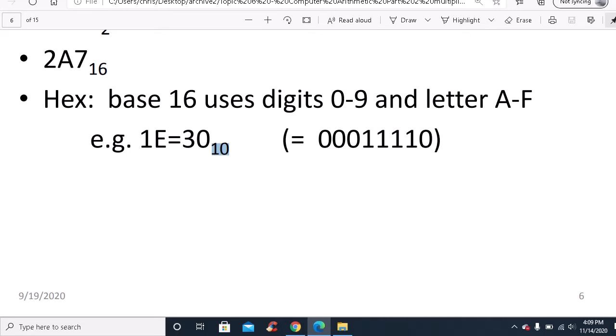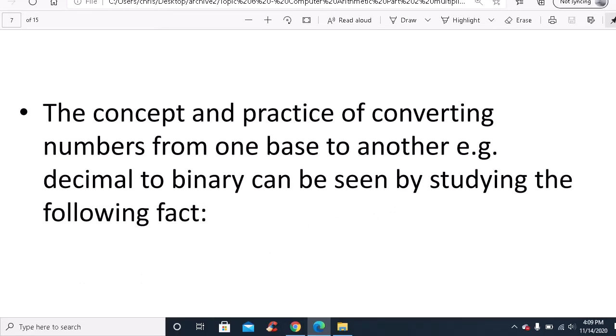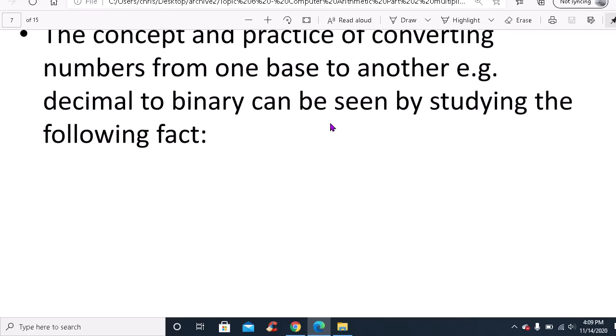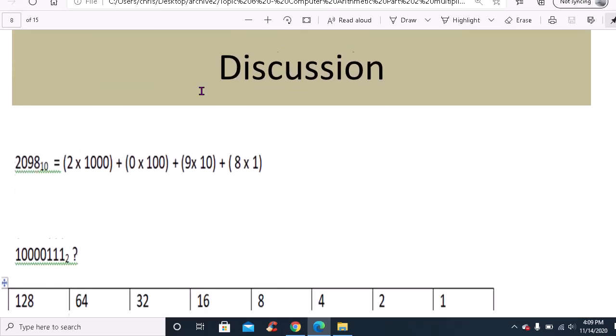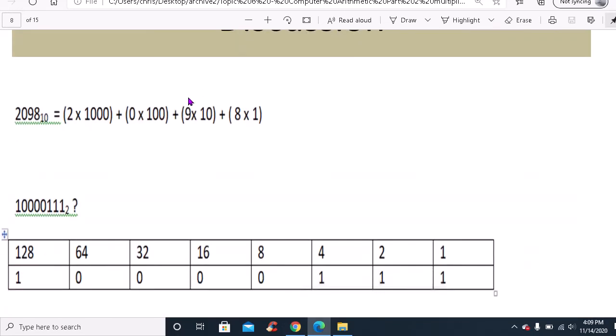Okay, so let's go forwards a little bit. The concept and practice of converting numbers from one base to another can be seen formally by considering the following.